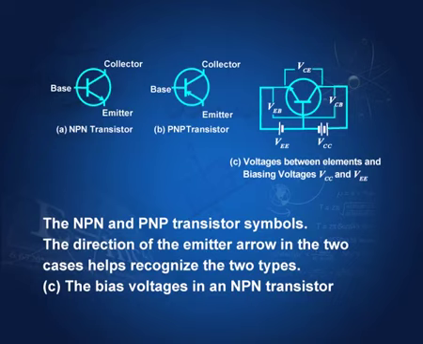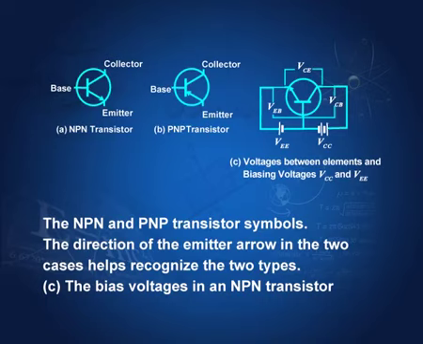This VEB is the voltage between the base and emitter, and VCB is the voltage between the base and collector, and VCE is the voltage between emitter and collector. These are the symbols we shall use.